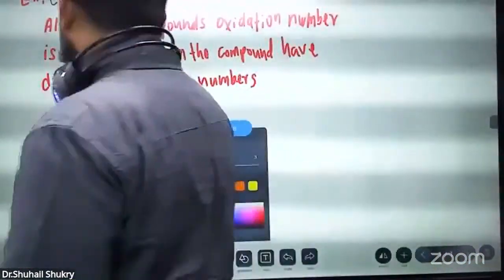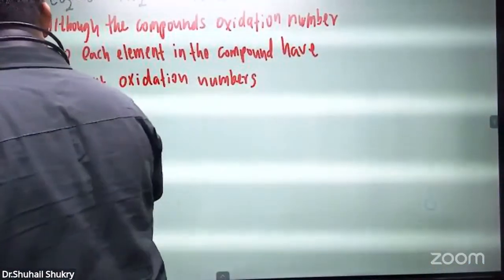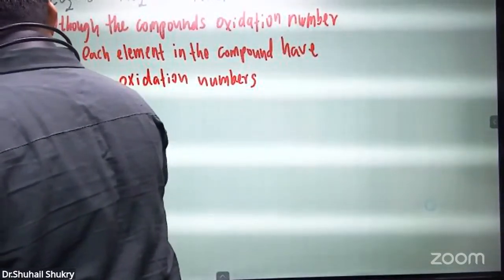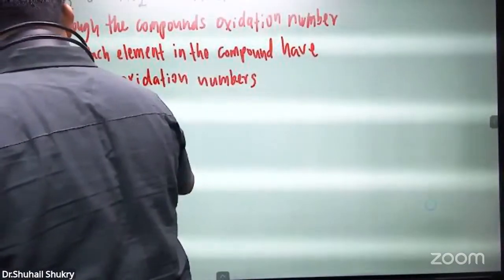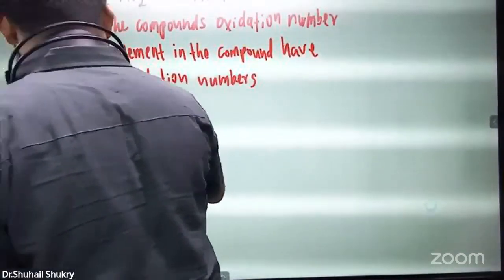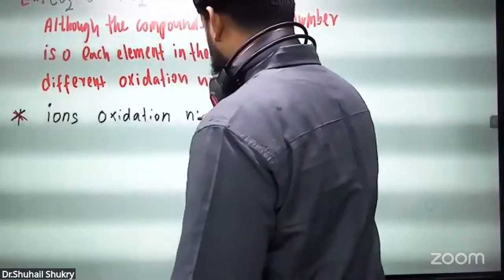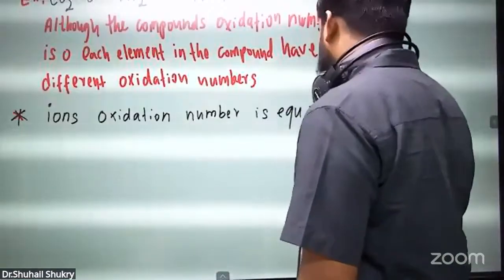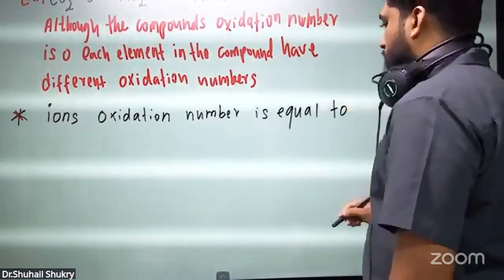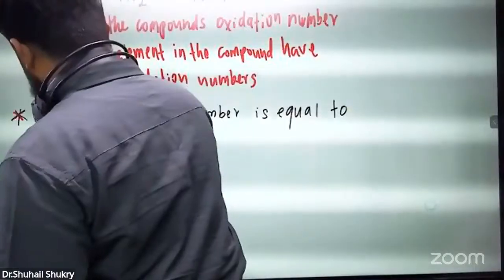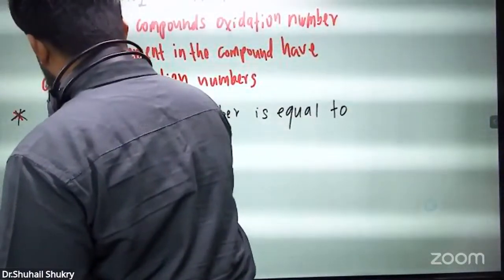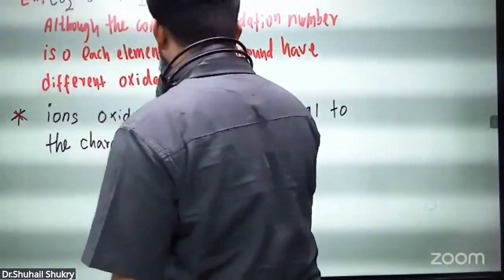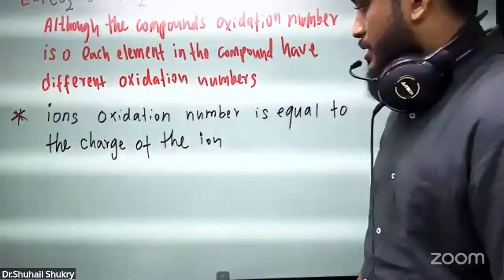Third point: an ion's oxidation number is equal to the charge of the ion. What does it mean?